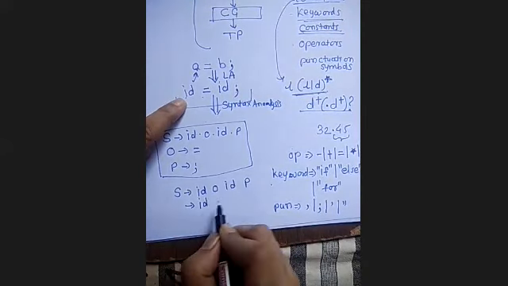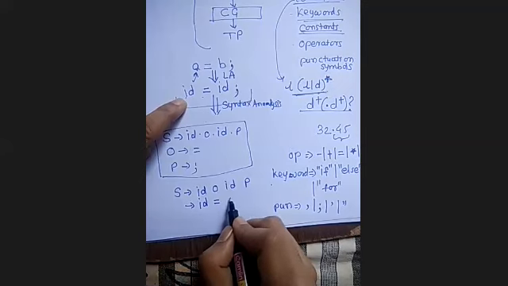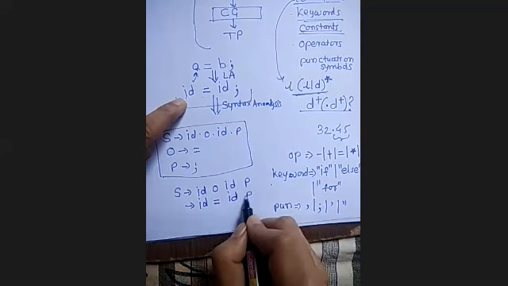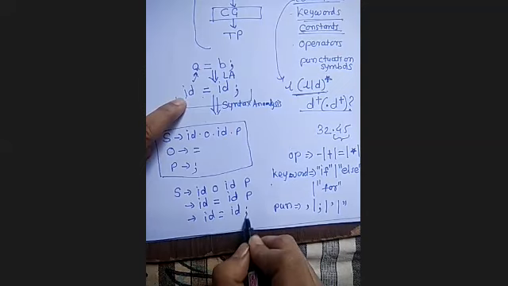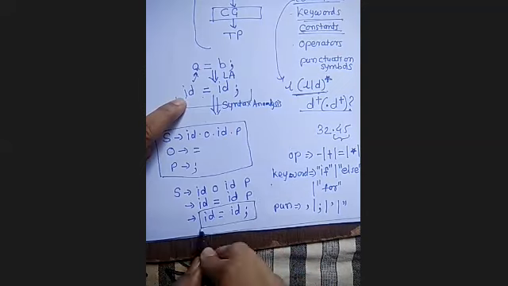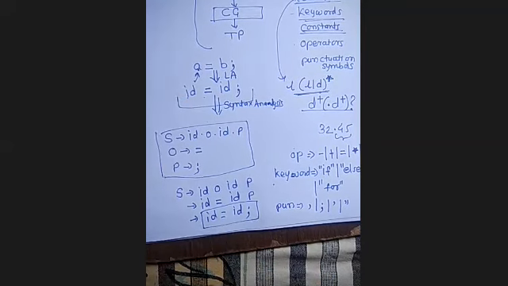O is replaced by assignment. And then P is replaced by the punctuation. So you have derived the string ID equal to ID semicolon. So it is syntactically correct. Is that clear? This is the function of the syntax analysis.